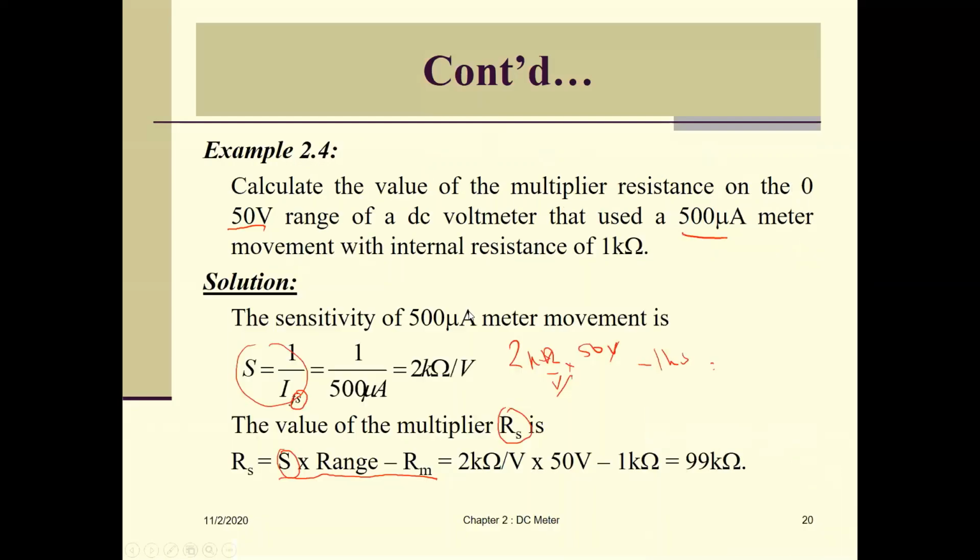The concept is the same, use the formula. First, you have to calculate the sensitivity, and then after calculating the sensitivity, you have to calculate the multiplier resistor.